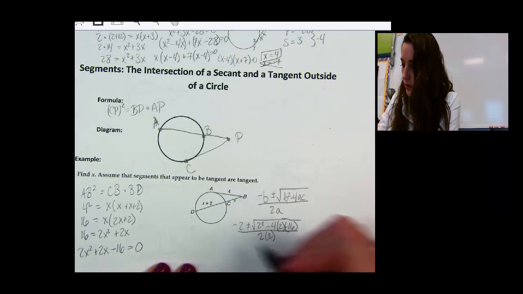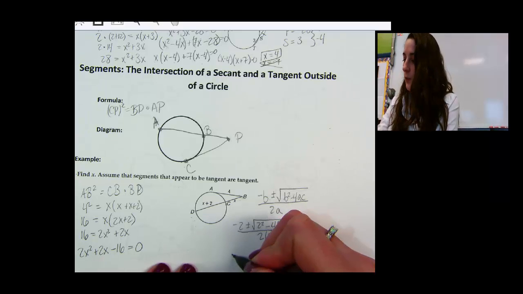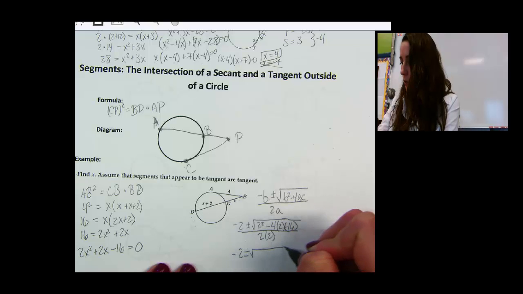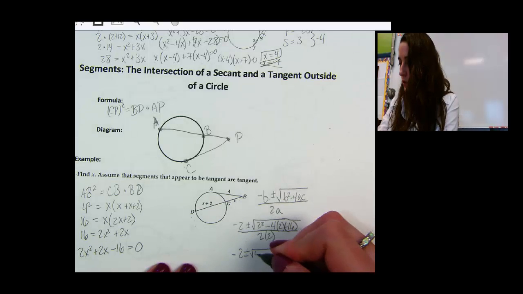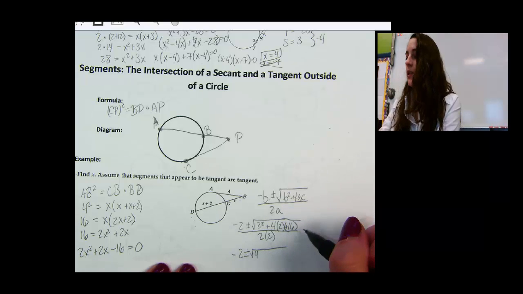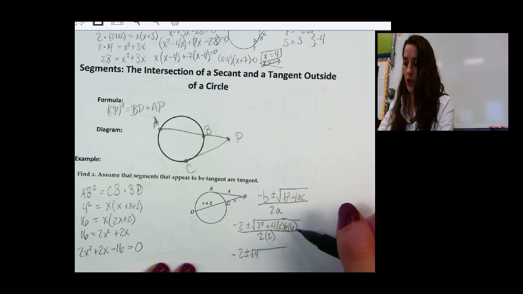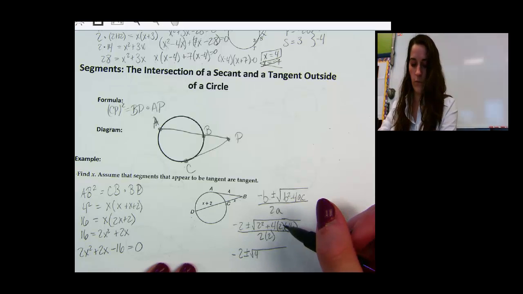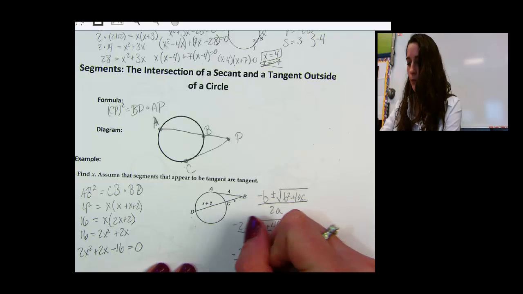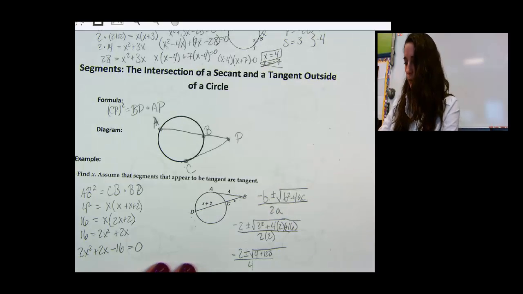Next, keep solving it through. Negative 2 plus or minus the square root of 2 squared, which is 4. Our two negatives here are going to make us a positive since we're multiplying. So it's going to be 2 times 16, which is 32, times 4. We're going to get plus 128, all over 4.